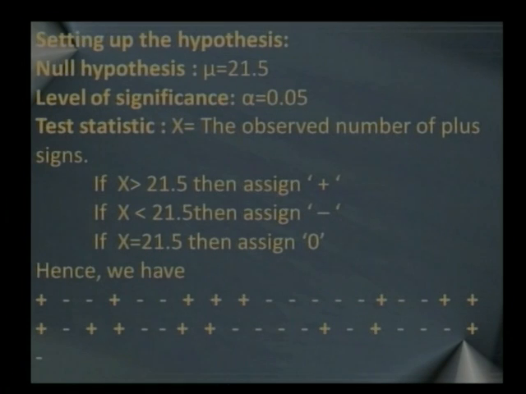Assign a plus sign for greater than 21.5, a negative sign for less than 21.5, and if it is equal, assign the value 0. So these signs are easy to obtain.